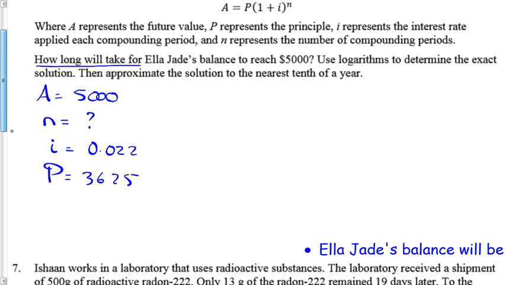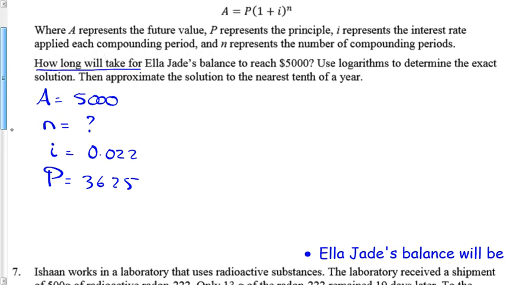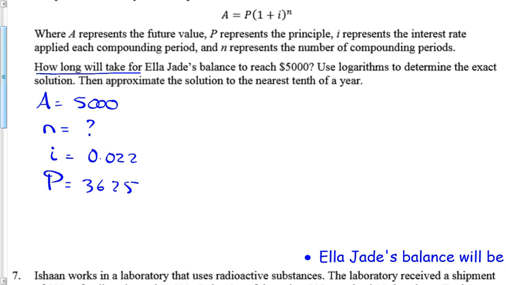So we solved problems like this by graphing back in the previous chapter, but now we want to do it using logarithms. So we need to enter these values into our formula, and we can solve for the n in the exponent.